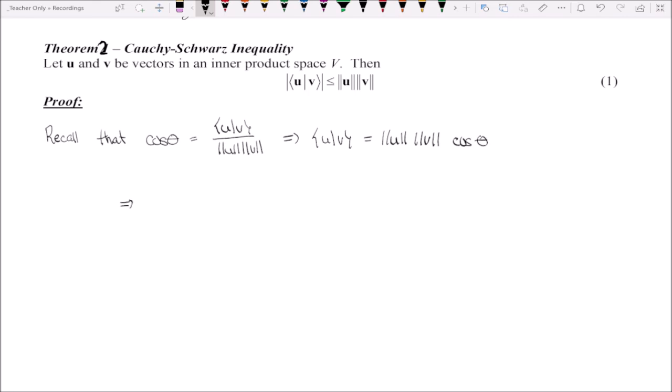All right, well, this would mean that if we take the absolute value of both sides, we get this, which is equal to, remember, with absolute values of real numbers, if you take an absolute value of products, it's just the product of the absolute values.